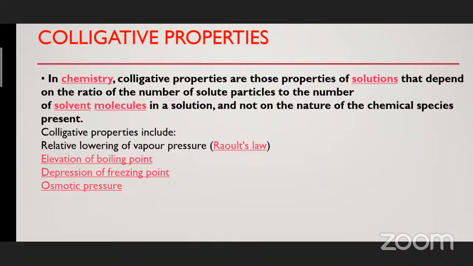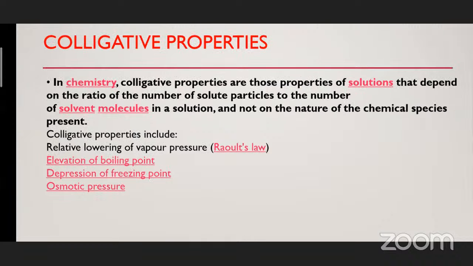So the fuel like petrol present in the engines also tends to freeze. In order to prevent that, we add some solutes to it. For example, ethylene glycol is added to the fuel in order to prevent it from freezing. So these are the colligative properties.